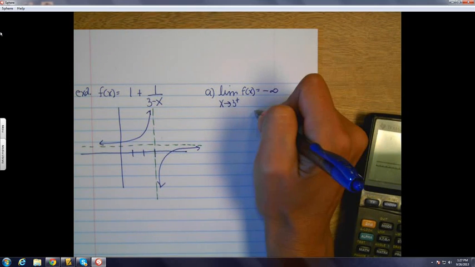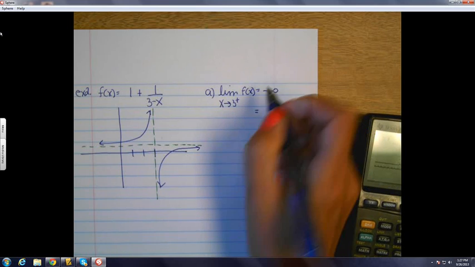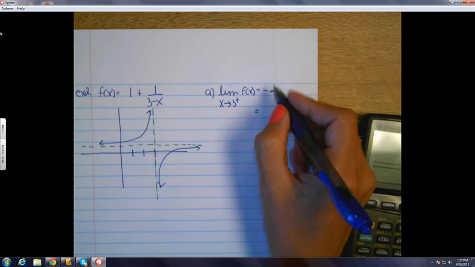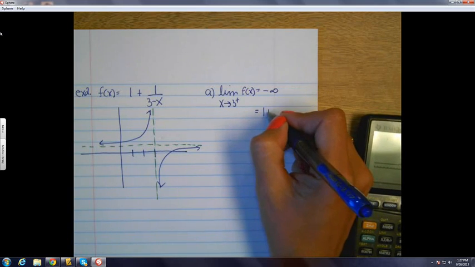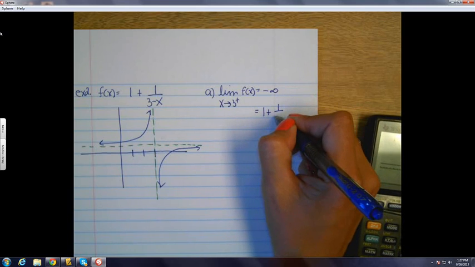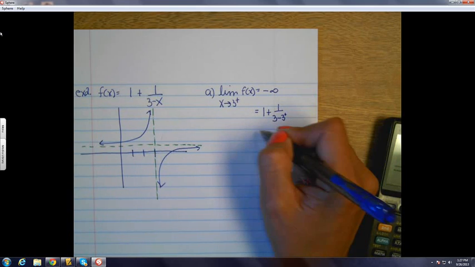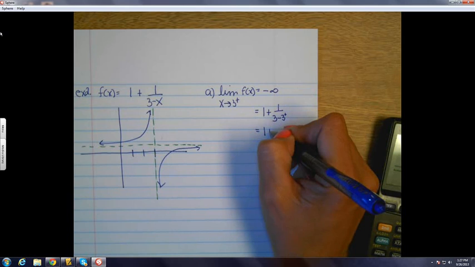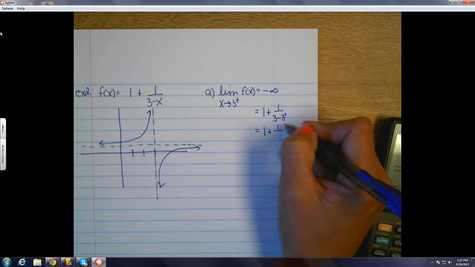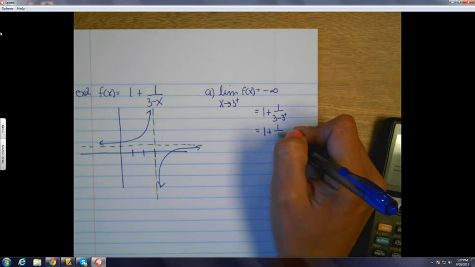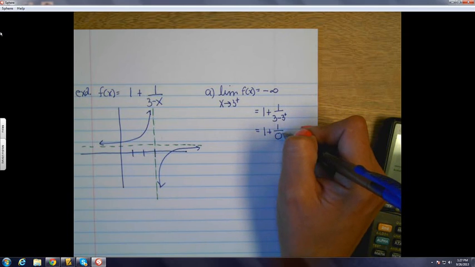Algebraically, how would I have gotten that? I'm going to plug in the 3 in here. I would get 1 plus 1 over 3 minus values of 3 from the right. 1 plus 1 over, yes, you'd get 0, but would I get a little bit positive of 0, or a little bit negative of 0? 3 minus numbers a little bit bigger than 3 would make this negative.